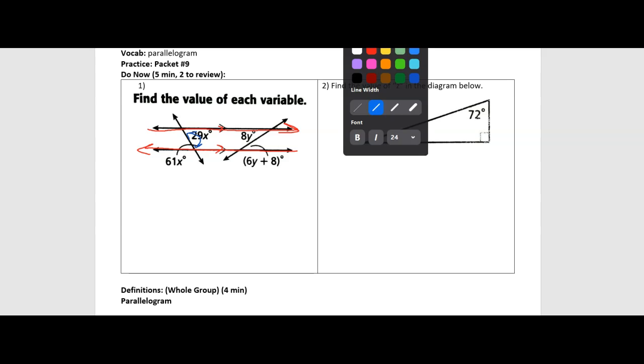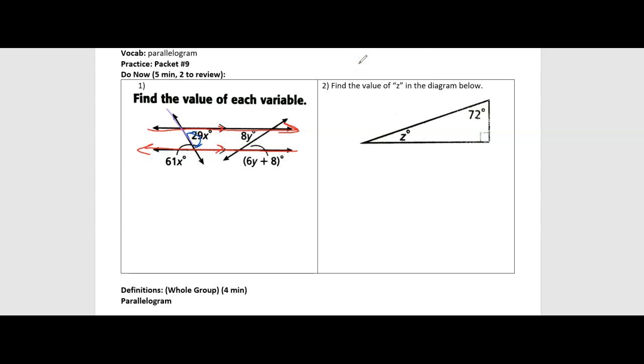They're on the same side of the purple transversal, which means they are same side interior, which means they need to add to 180. So 61x plus 29x is equal to 180. That gives me 90x is equal to 180. And x must be equal to 2.